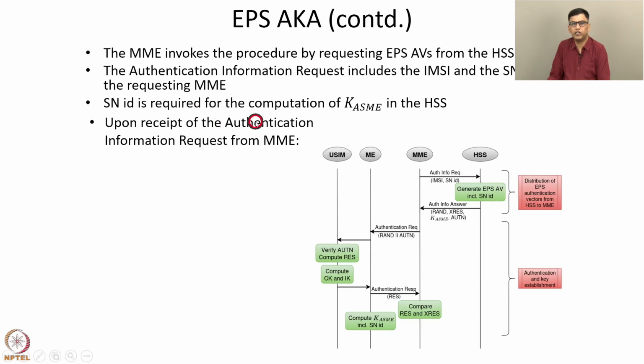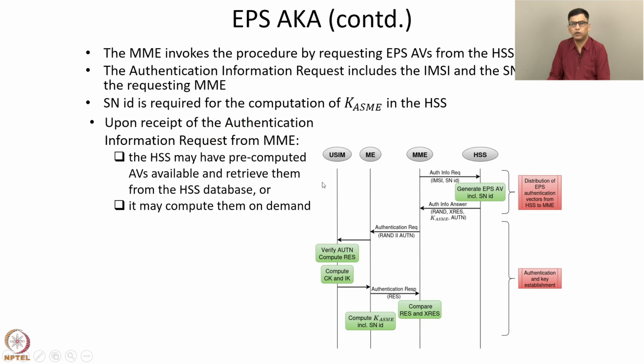Upon receipt of the authentication information request from the MME, the HSS may have pre-computed authentication vectors available, and it will just retrieve them from the HSS database. In this case, these are pre-computed authentication vectors for this particular MME which is requesting authentication vectors.